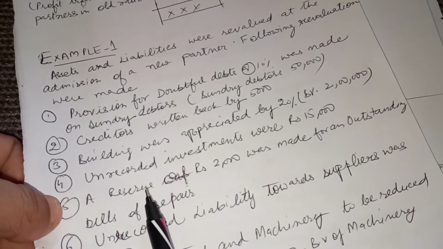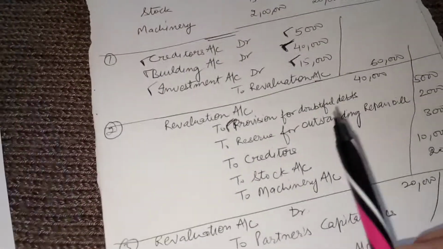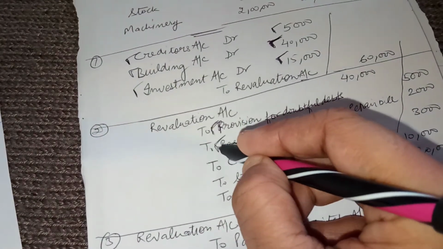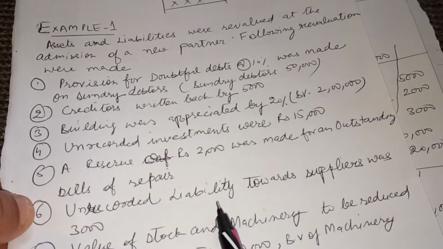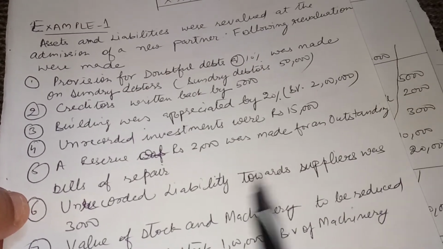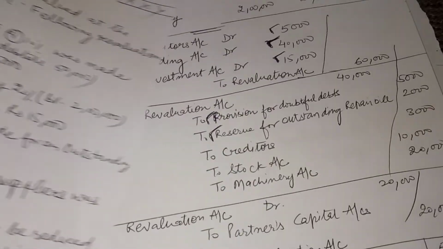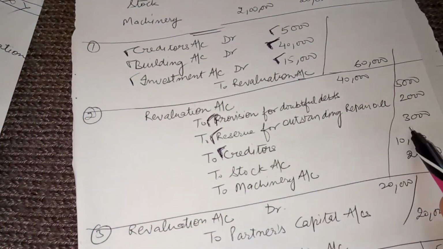Now reserve is a liability, so it will be a credit thing. A reserve for outstanding repair bills. Then unrecorded liability towards the suppliers was 3,000. Suppliers means creditors, so to creditors the amount will be 3,000.